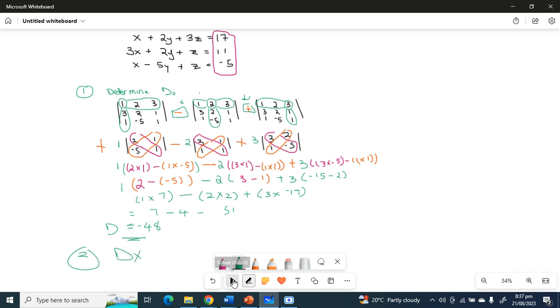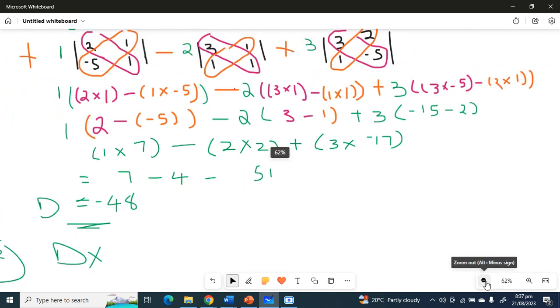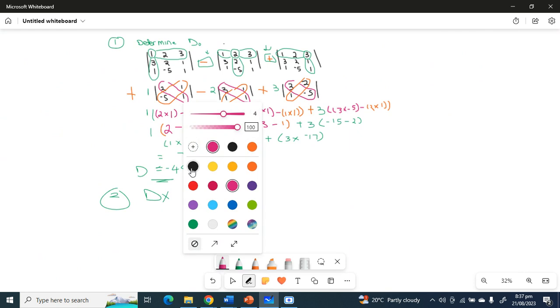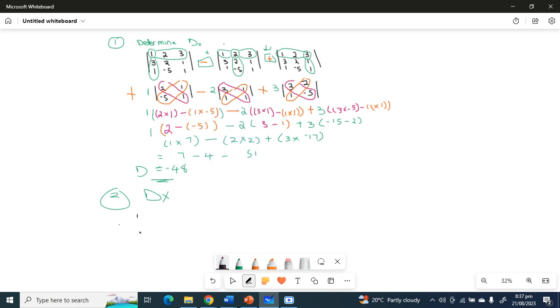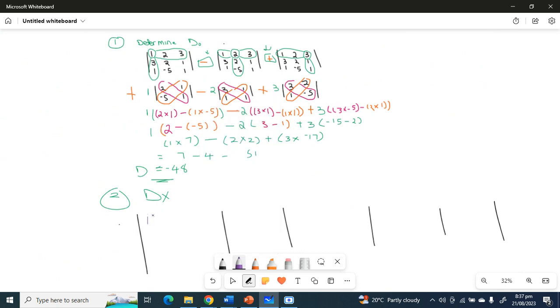So the first thing again, we're going to list out our matrices. So our x column is going to be replaced. In our x column, we're going to put 17, 11, and negative 5.